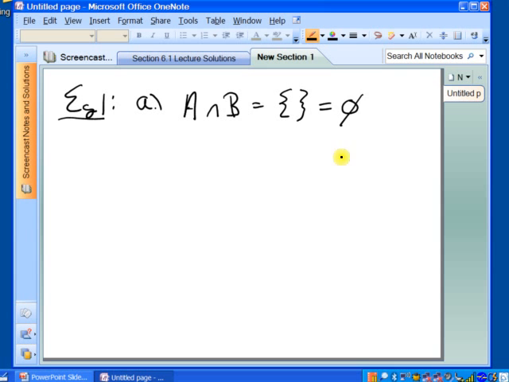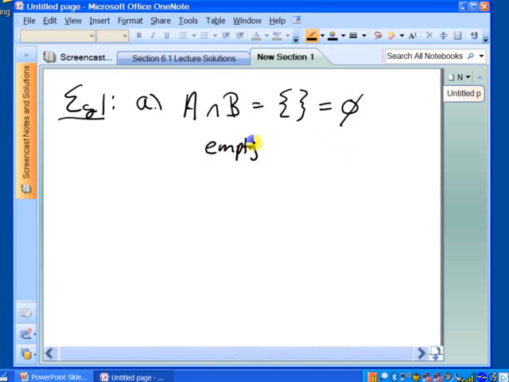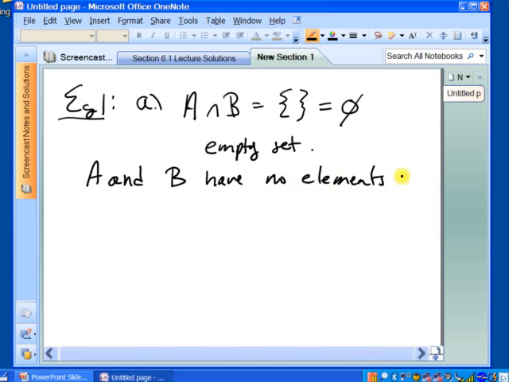It has no elements. Another way to write that for the empty set is to put a 0 and strike through it, the empty set. All right, because A and B have no elements in common.